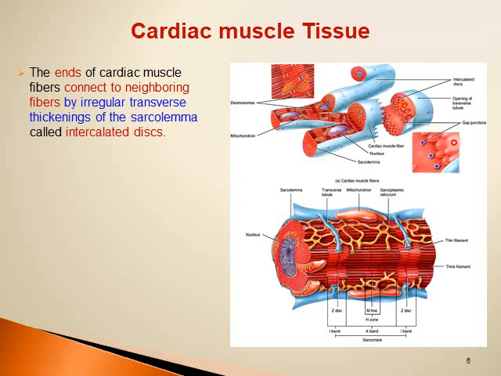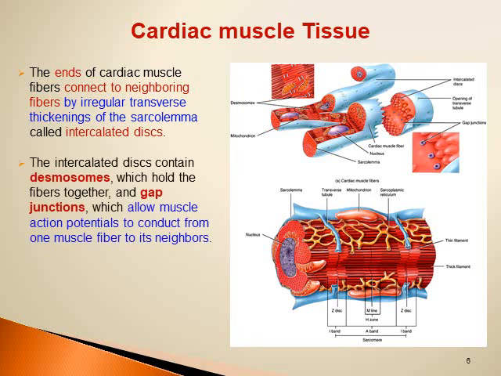If we take a closer view of the intercalated disc, we can see that it is very rich in gap junctions. The gap junctions are membrane proteins that connect the cytoplasm of adjacent cells. The intercalated discs contain desmosomes, which hold the fibers together, and gap junctions, which allow muscle action potentials to conduct from one muscle fiber to its neighbors.